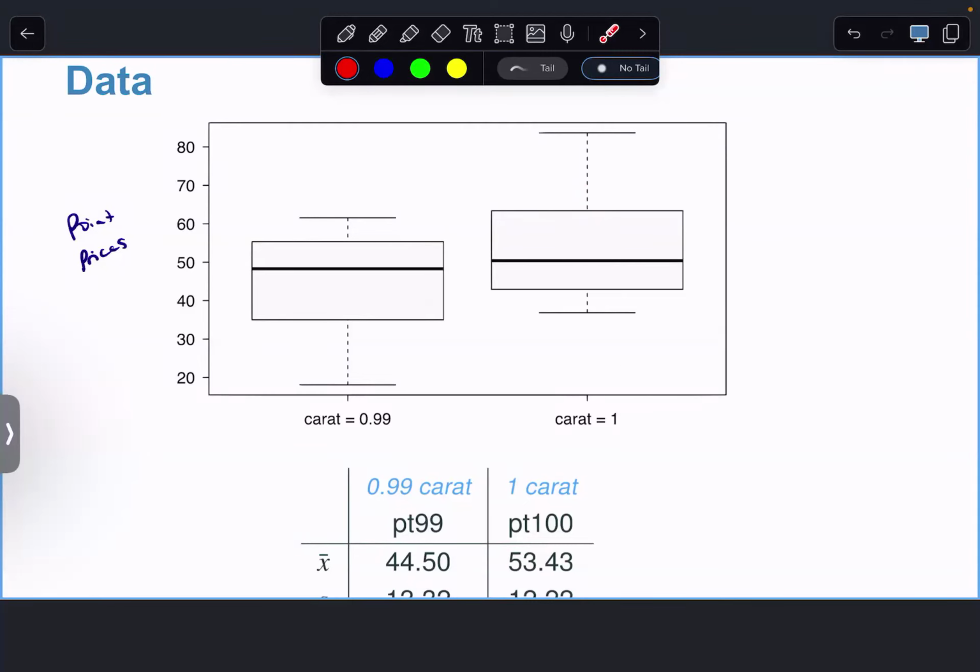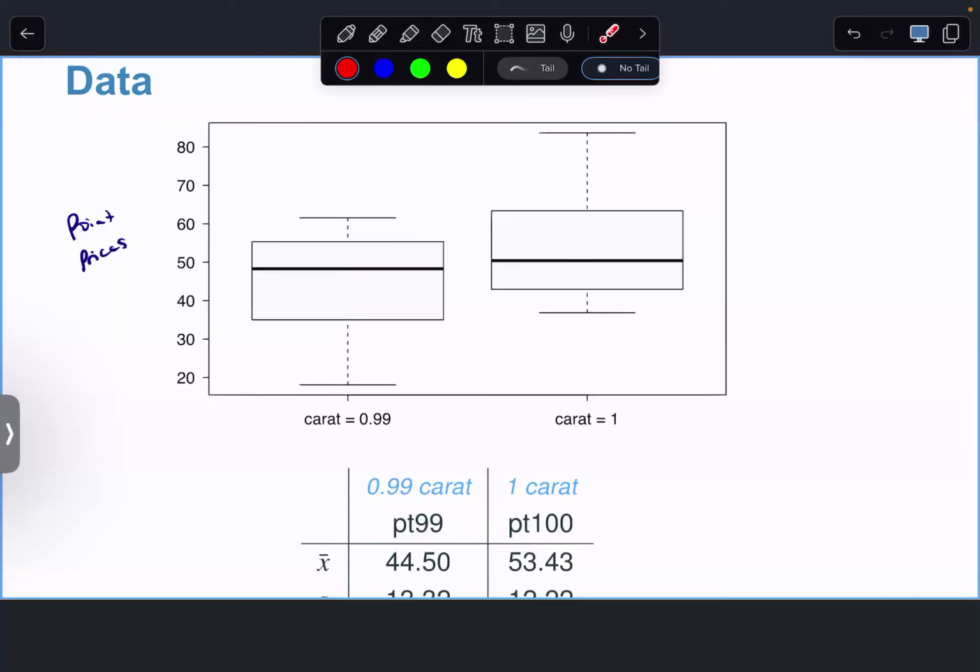We can also look at the distributions. The reason I mention this is because one of the conditions of the test is that we have a normal distribution in each group. How can we tell if there's a normal distribution from a box plot? If there's kind of symmetry in each of the areas. Around the median, this area is roughly symmetric with this one. Now we're going to squint a little bit and be very generous, and say this is roughly symmetric with this area, and the tails are roughly symmetric with each other.